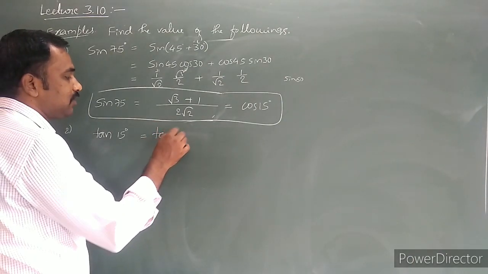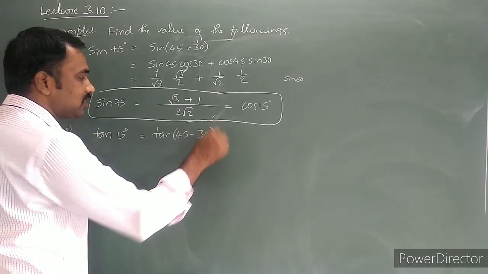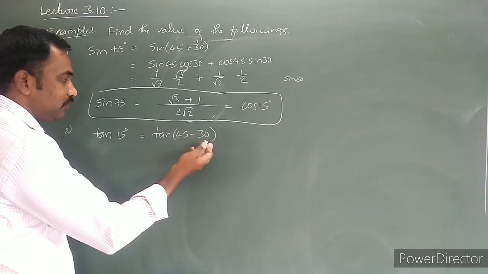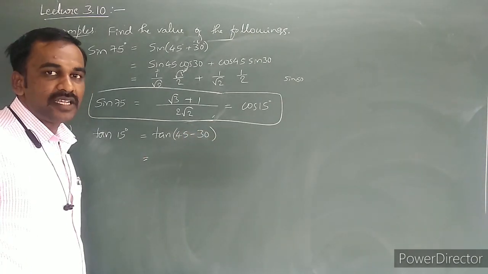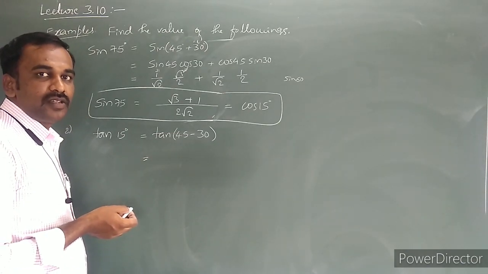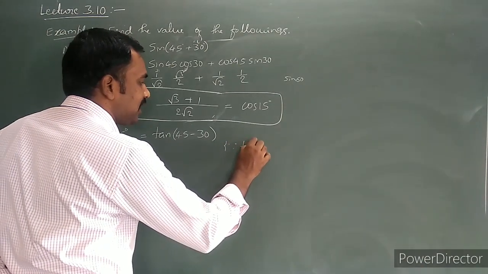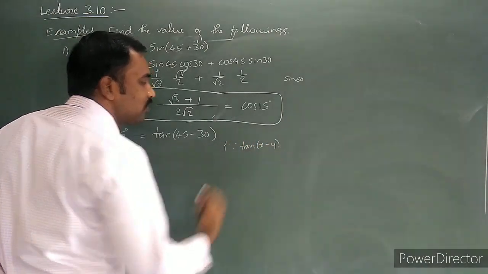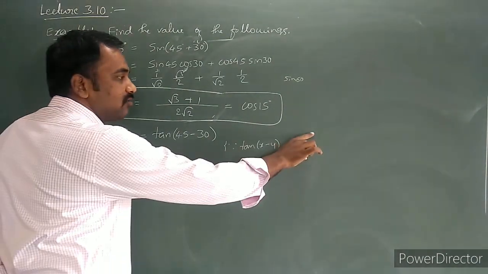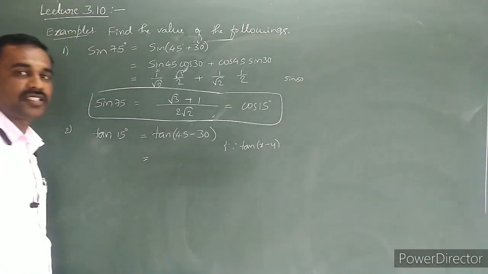How do I split 15? 15 can be written as 45 minus 30 degree. Now, this is of the form tan of x minus y. What is the tan of x minus y? I just write the formula. Tan x minus tan y divided by 1 plus tan x into tan y.